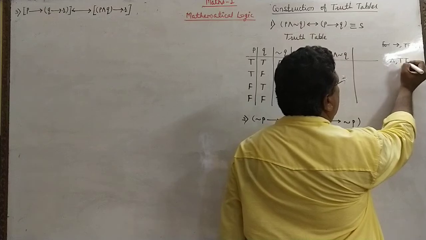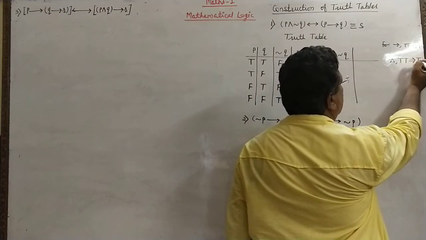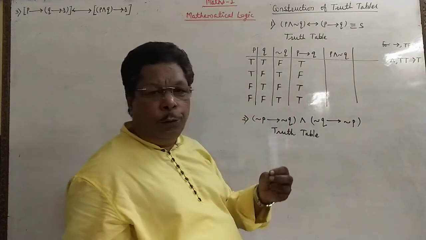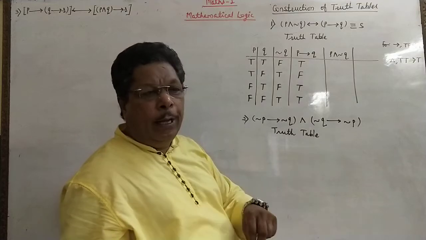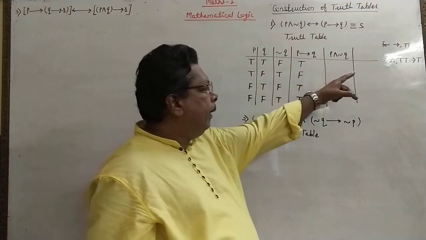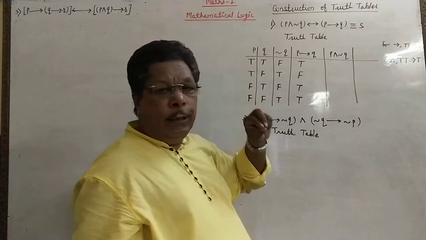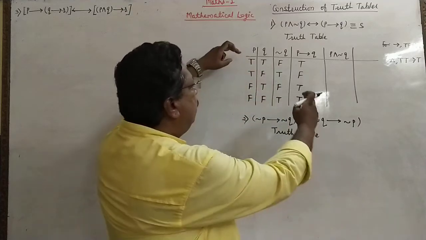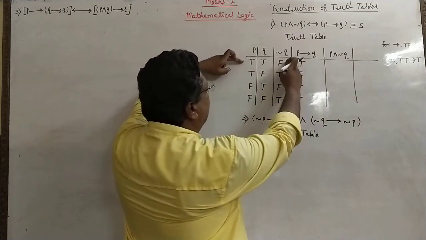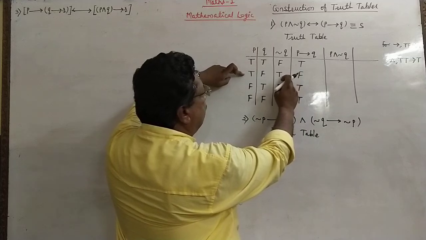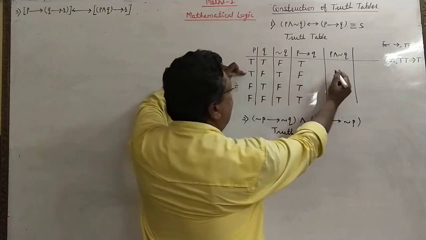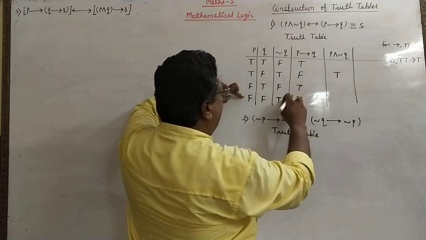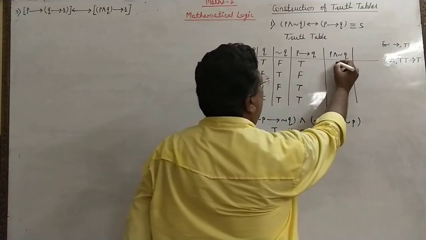Both the statements are true, then it is true. It means P is true as well as Q is true, then the conjunction P and Q is true, otherwise it is false. Now observe column number first and third. Both are true. This condition is satisfied here. So second one is true and others are false.